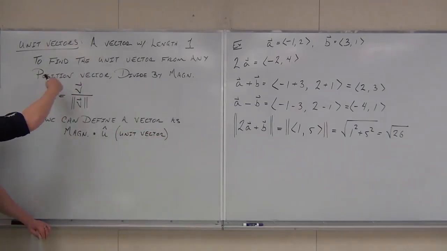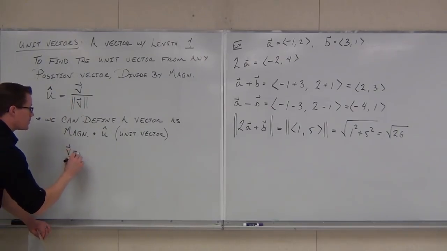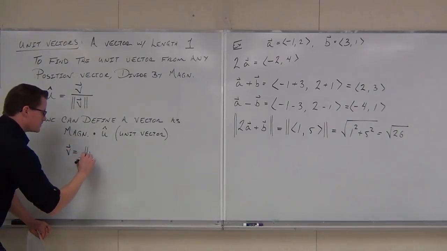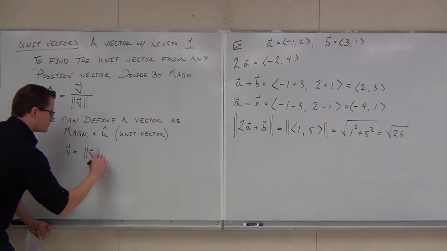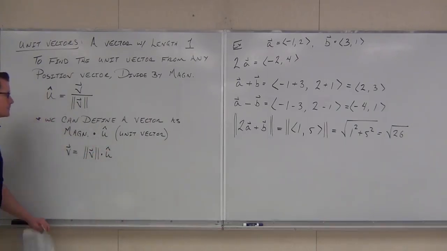So when we do it, we say, hey, let's just multiply. So we have vector v equals magnitude times direction.